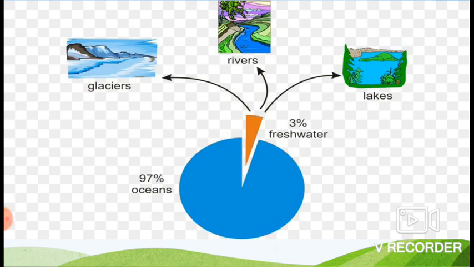This watery part of the earth is called the hydrosphere. Now you have come to know that 97% of water on the earth is unfit for human consumption and the remaining only 3% is fresh water, which is used by plants, animals and human beings.